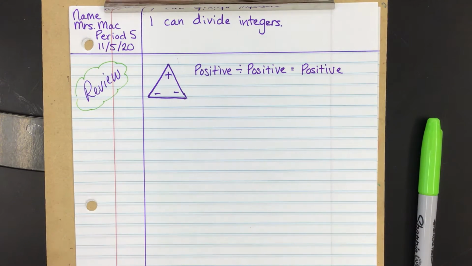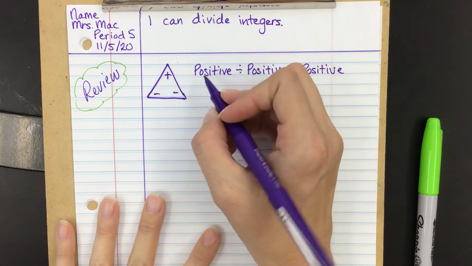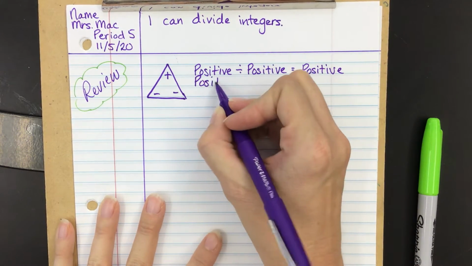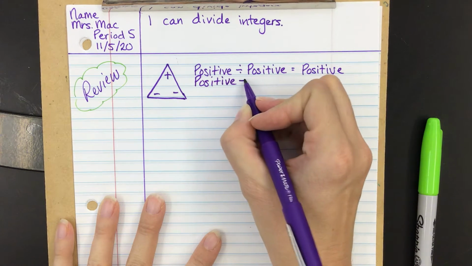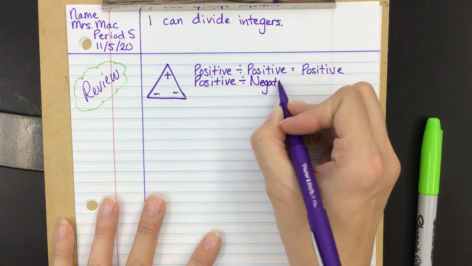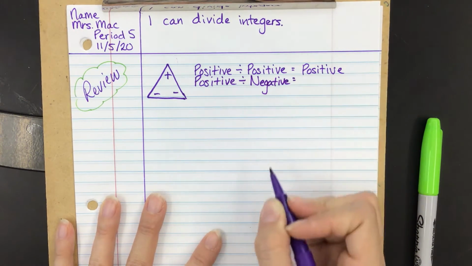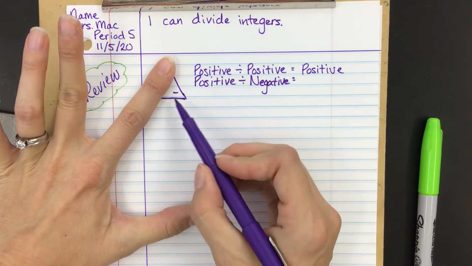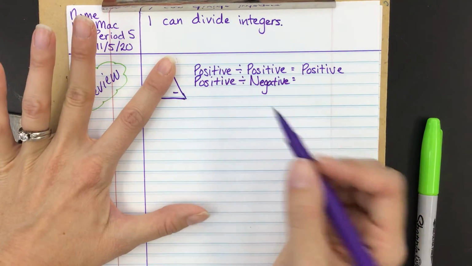That's what you've been doing since elementary school. Now, if you divide a positive by a negative, it's the same as multiplying. So a positive divided by a negative, I cover these up, and my answer is going to be negative.